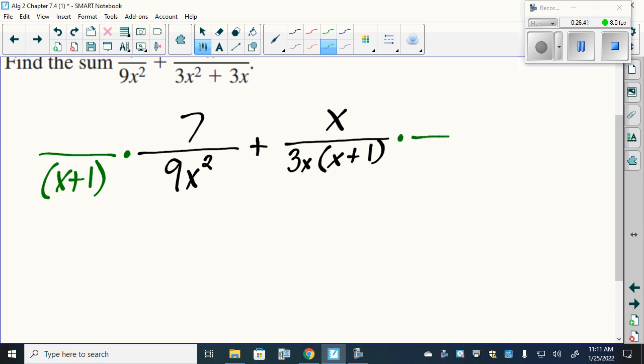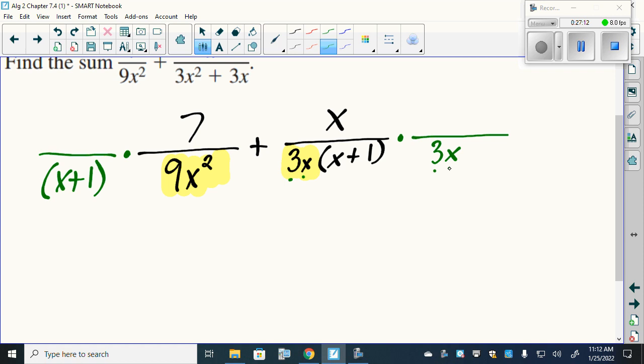Well, we also need to fix this one here because they aren't the same. Because over here, we have what? 3x. Over here we have what? 9x squared. What do I need to do to 3x to make it the same as 9x squared? Multiply by 3x, because 3 times 3 would give us 9.